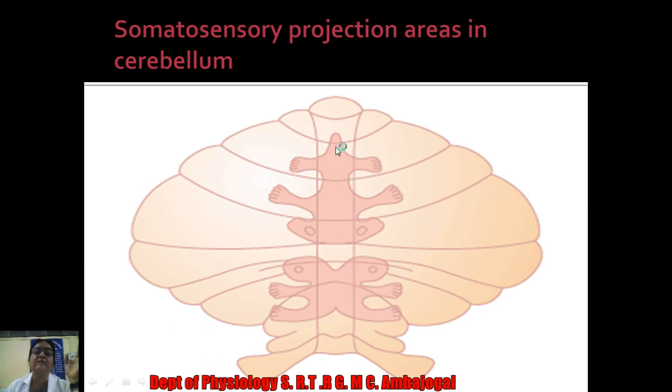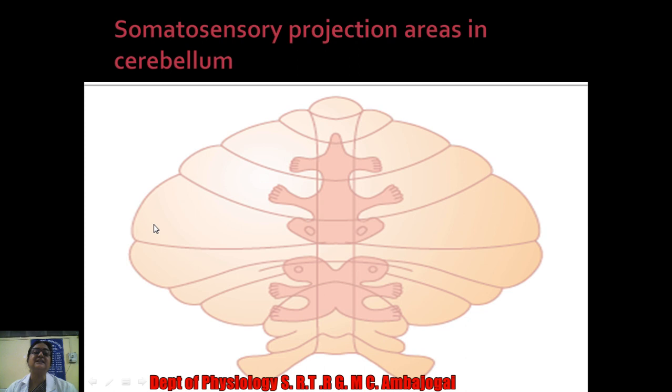So automatically body representation in the central part is seen in which part? Vermis of the cerebellum. And in this intermediate part, which is responsible for skillful voluntary patterned movements, mainly rapidly active movement, automatically the representation of the limbs is shown.